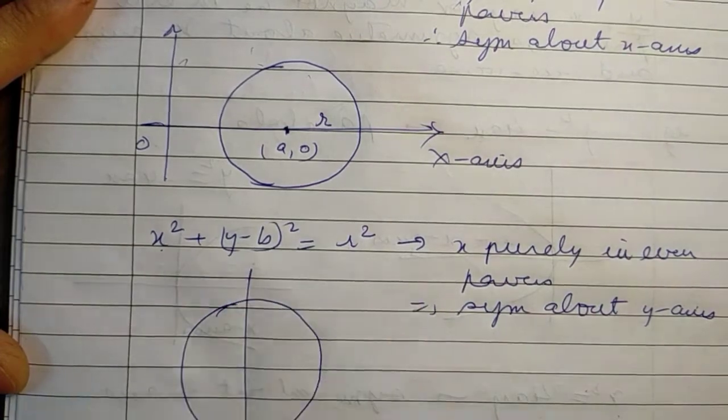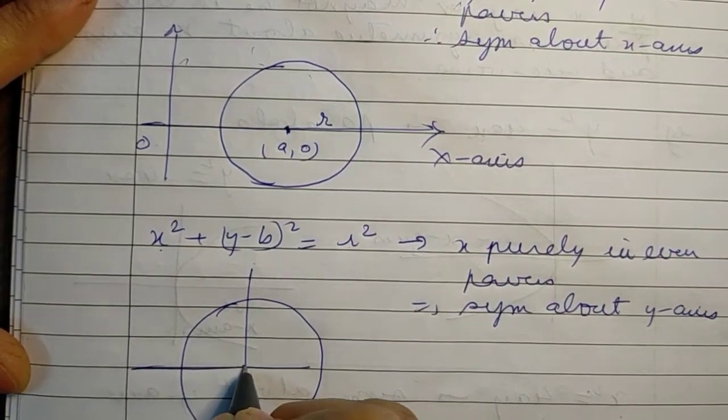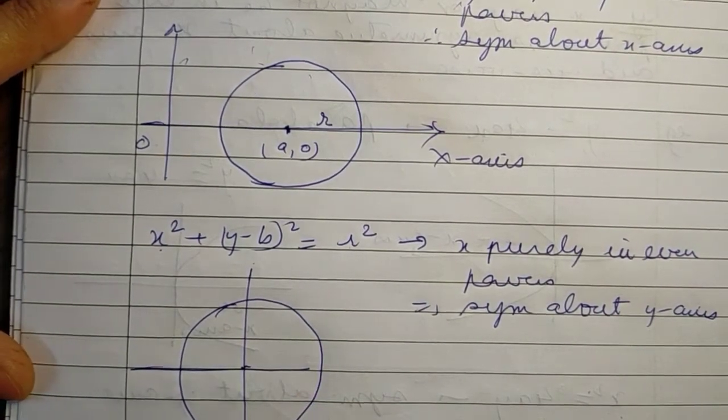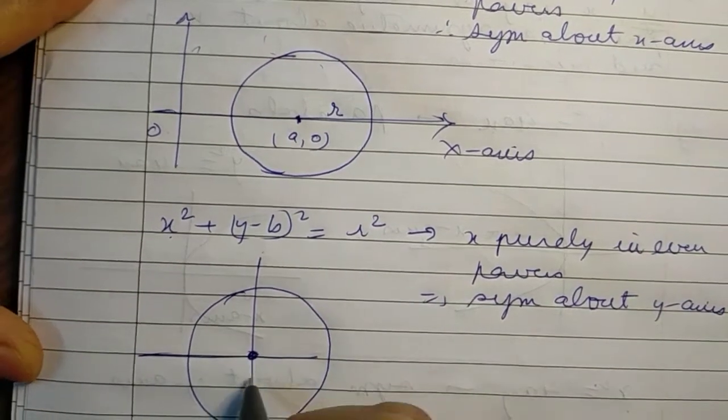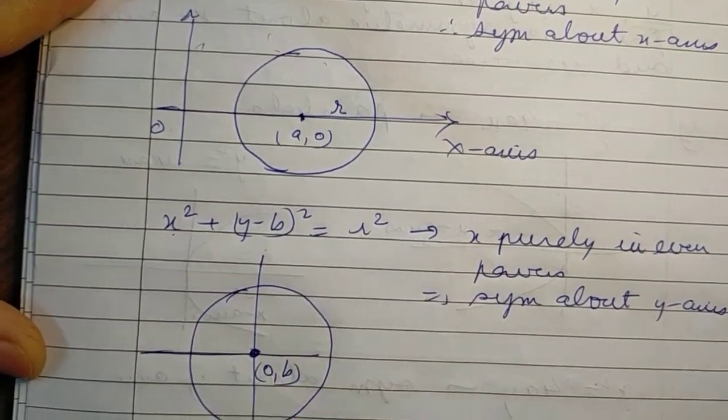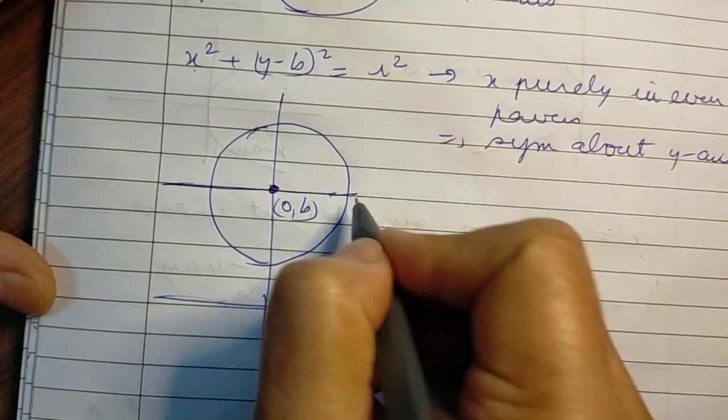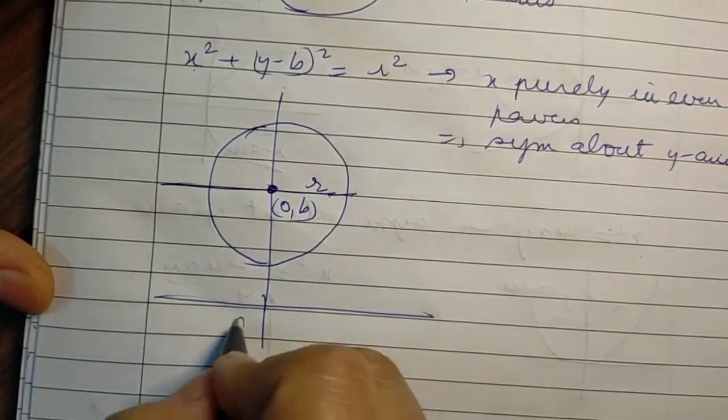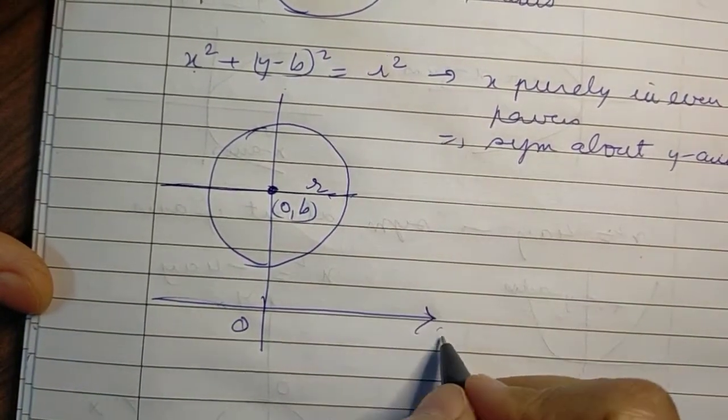It's again a circle having center at (0, b) and radius r units, and it is symmetric about the y-axis.